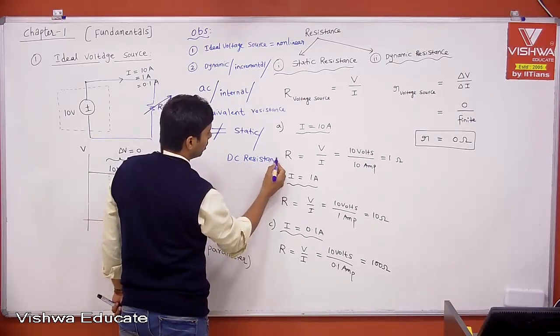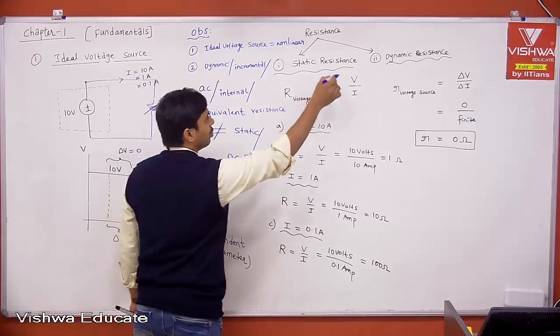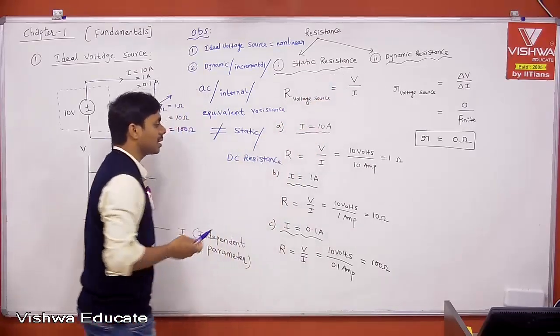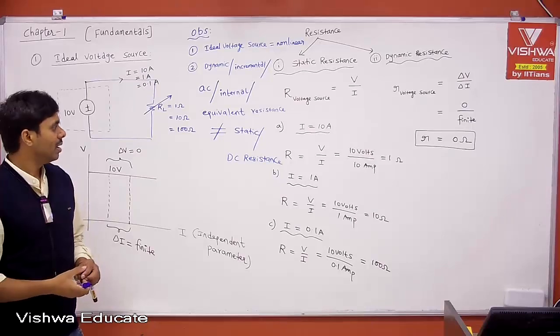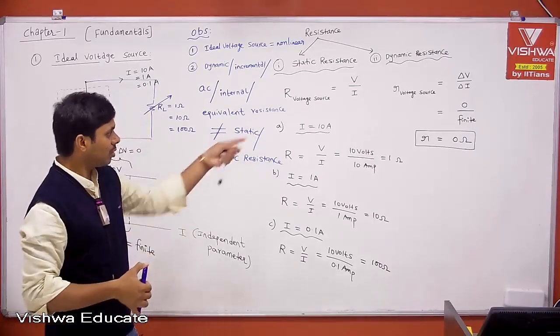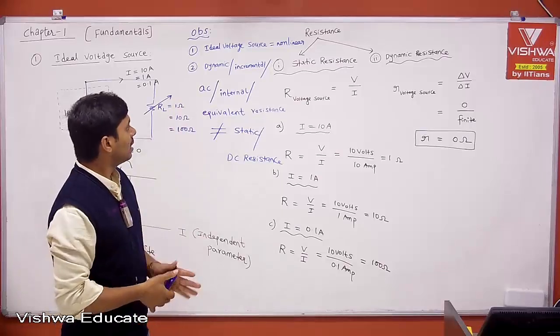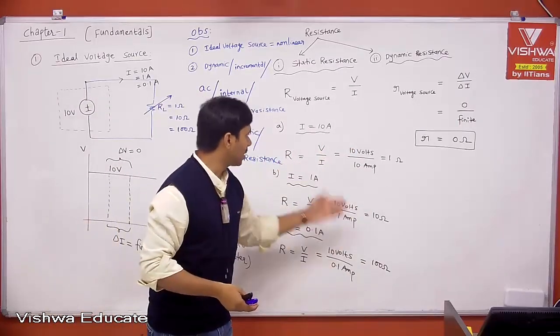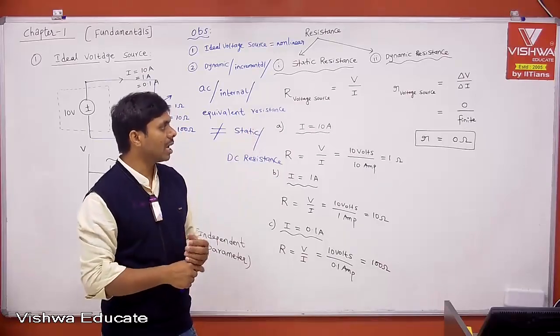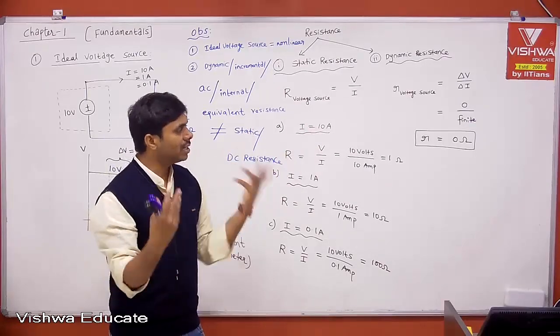Why is it called DC resistance? DC voltage to DC current. Static voltage to static current. Therefore both are the same. Therefore either static resistance or DC resistance. Tell me, are you seeing both are the same? No. Actually your static resistance is different with respect to different currents you are drawing. But if you take dynamic resistance, that dynamic resistance is 0 for any change in current.